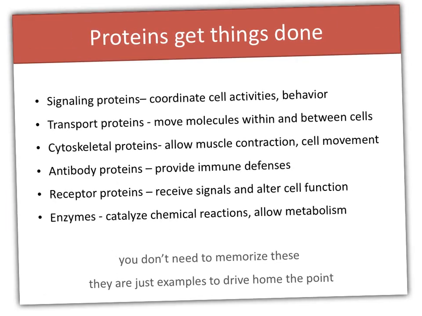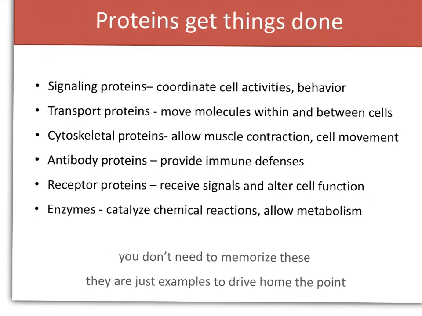So, proteins. Genes make up proteins. Proteins do everything in our body. They're signaling proteins that coordinate cell activity. They're transport proteins to move things inside and outside the nucleus, inside and outside the cell.